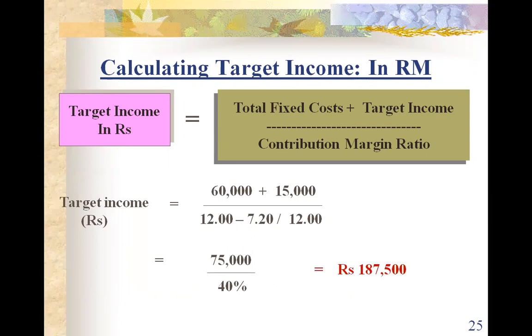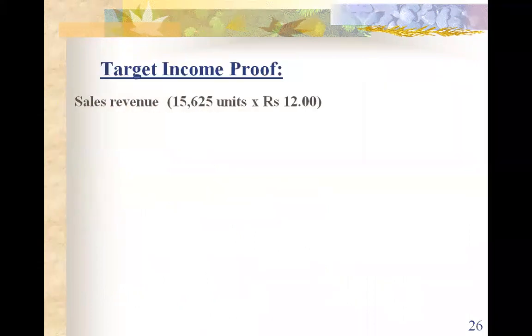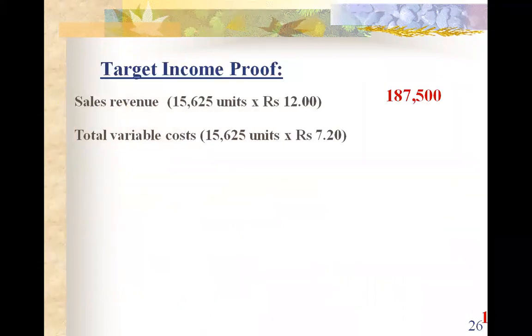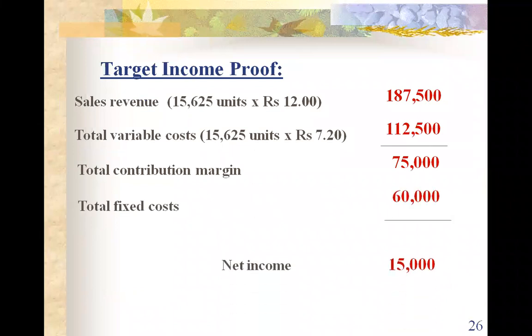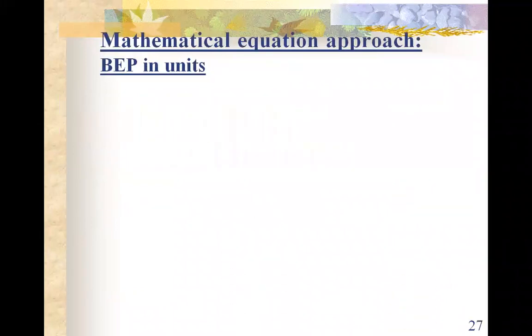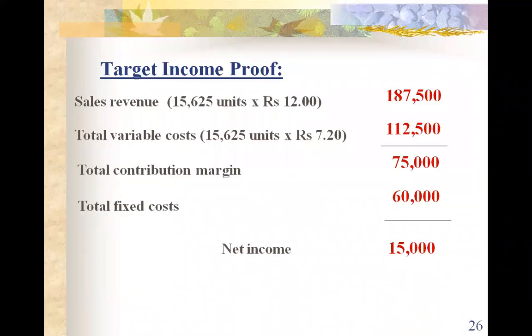At least this much you must sell. If we sold 1,87,500, then we'll make a profit of 15,000. So here is a proof the same way, and you will get a net income of 15,000.